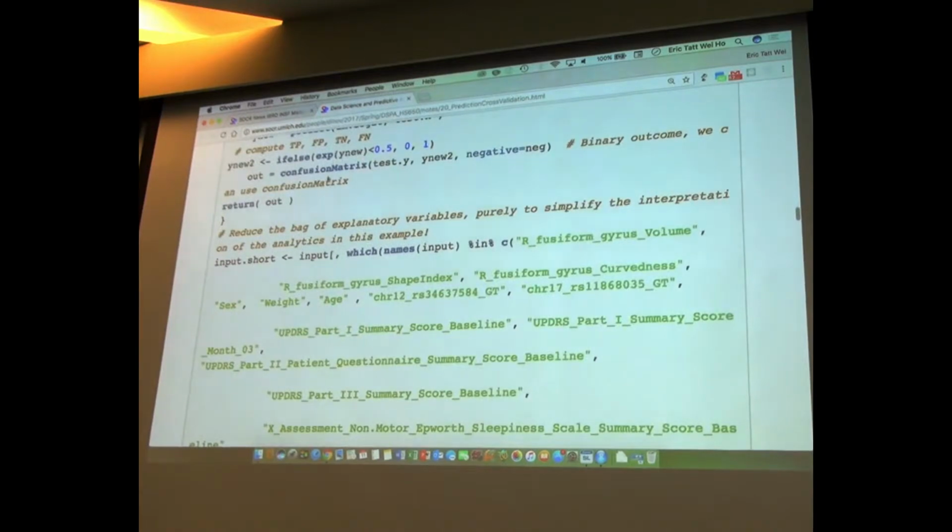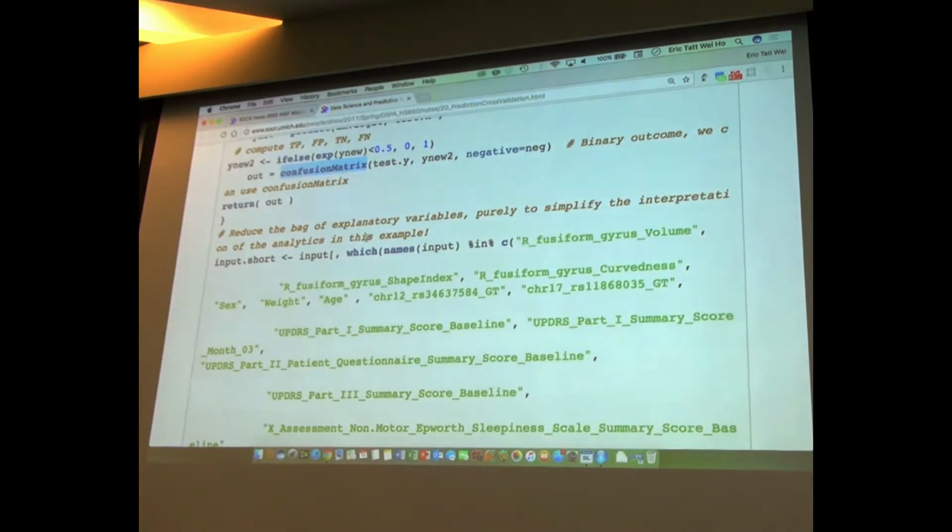And this is a very important operator here, confusion matrix. The confusion matrix tells you, for polytomous, for multinomial outcomes, how well the algorithm did at predicting each of the levels or categories of the outcome.